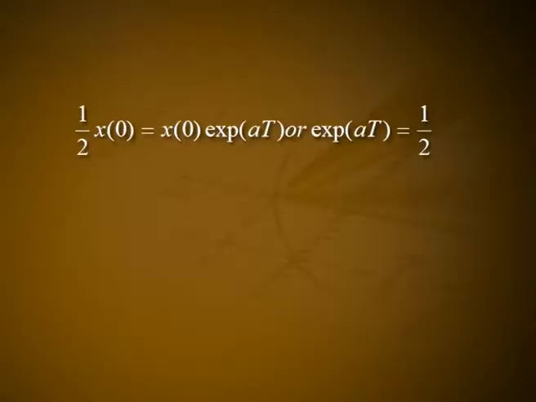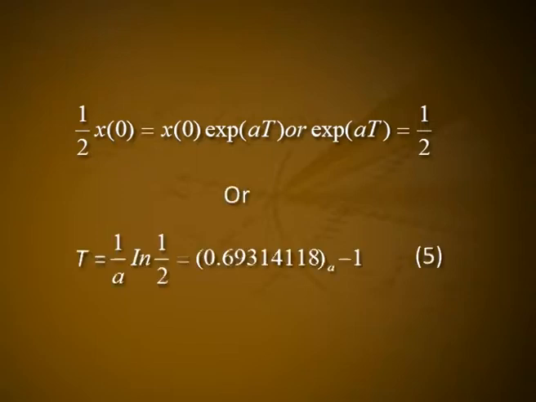It depends only on a and is such that the greater the value of a, that is the greater the difference between birth and death rates, the smaller is the doubling period. When x(0)/2 = x(0)e^(at), or e^(at) = 1/2, or T = (1/a) log(1/2), which is equal to 0.693141118 a^(-1).